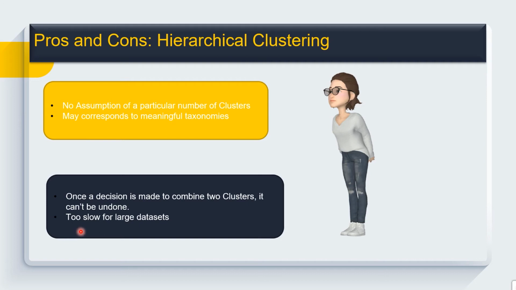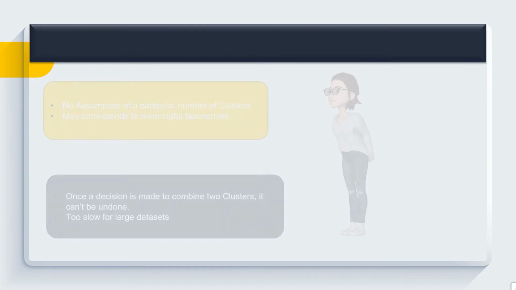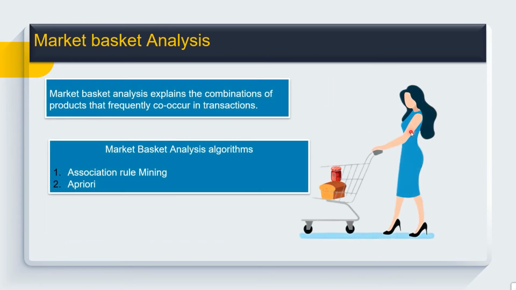Now when we talk about unsupervised learning, we have K-means clustering, and again another important term which people usually miss is market basket analysis.